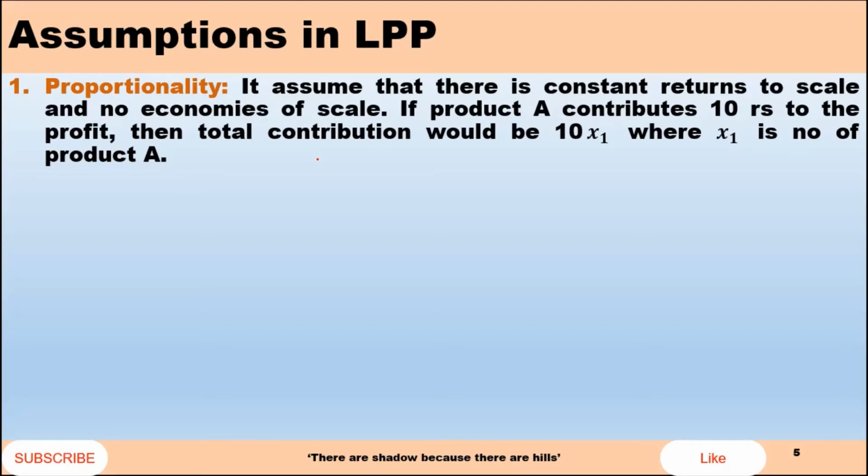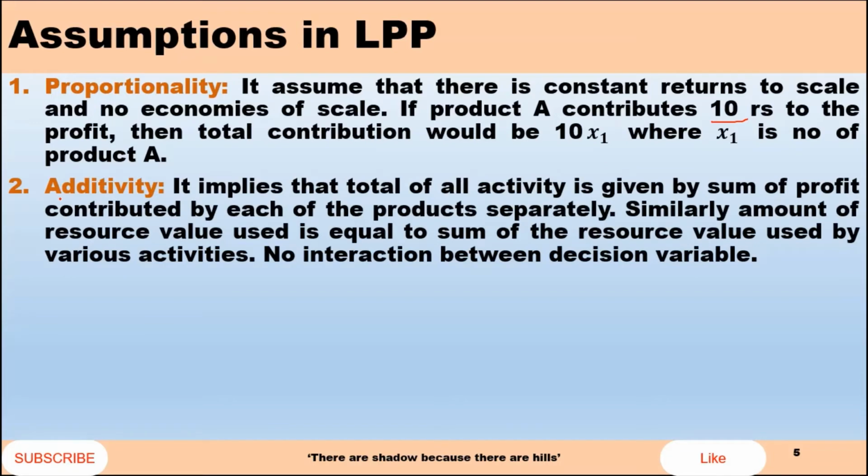But here it is not like that. If 1 unit of product A contributes 10 rupees, then 10 units contribute 100 rupees, 1000 units contribute 10,000 rupees, and 10,000 units contribute 1 lakh rupees to the profit. No price discount here.